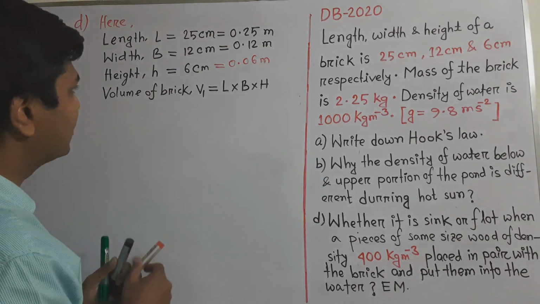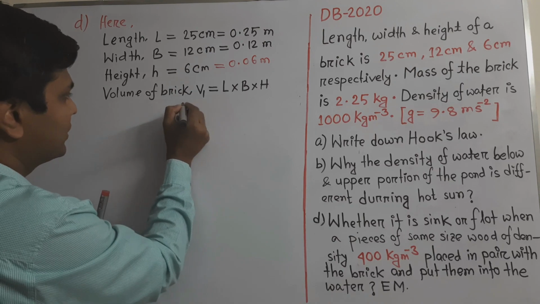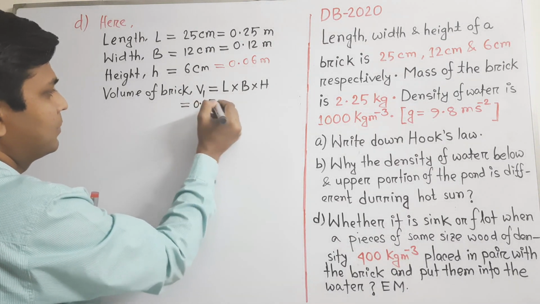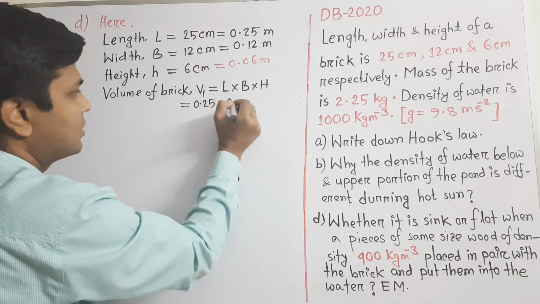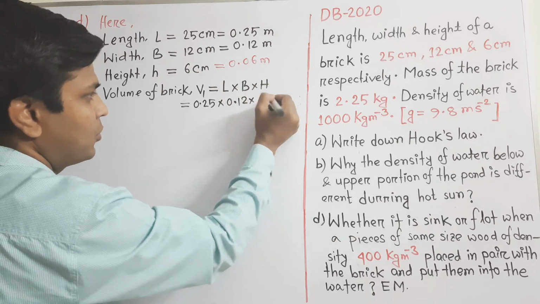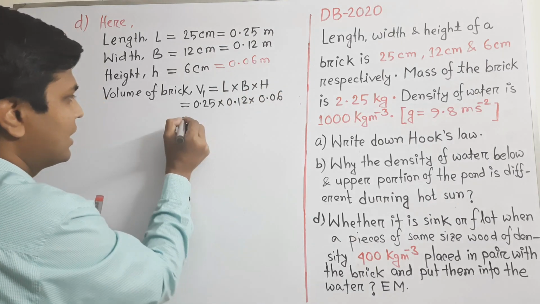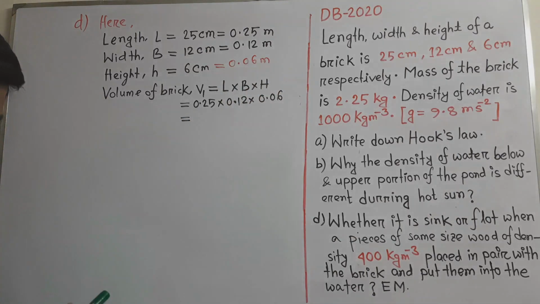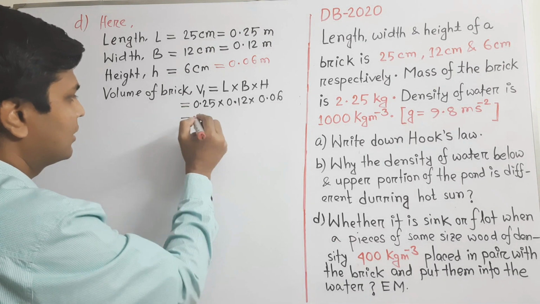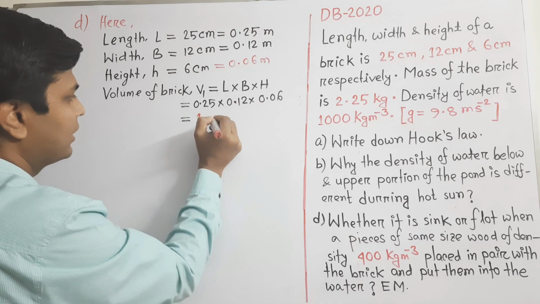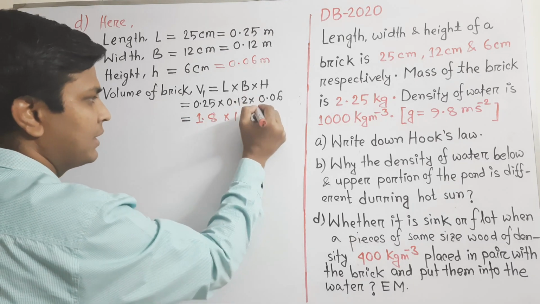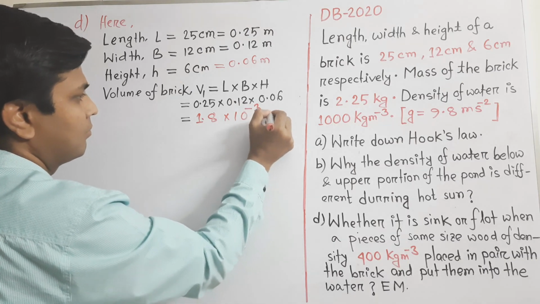Now if we put the value of length, which is 0.25, breadth is 0.12 and height is 0.06, then after calculating that expression, we will get the answer 1.8 into 10 to the power minus 3 meter cube.